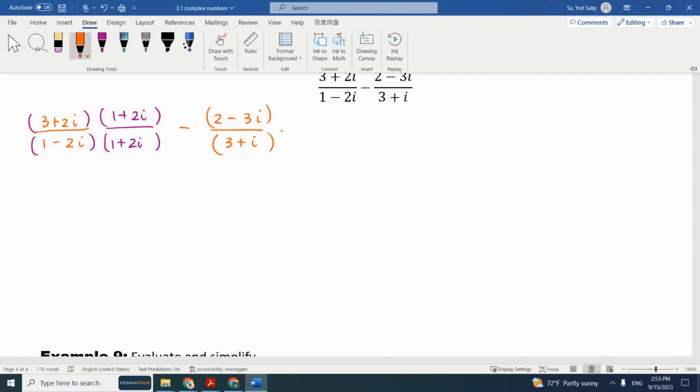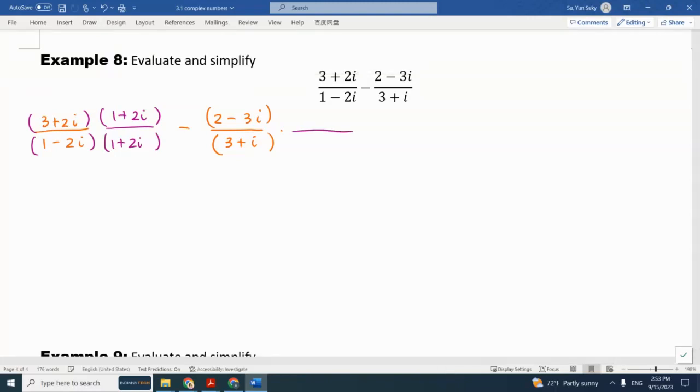Catherine, what do you multiply here? The conjugate of the denominator is? Yes, 3 minus i. So you see, we treat them differently because they have different denominators. We multiply by different conjugates.